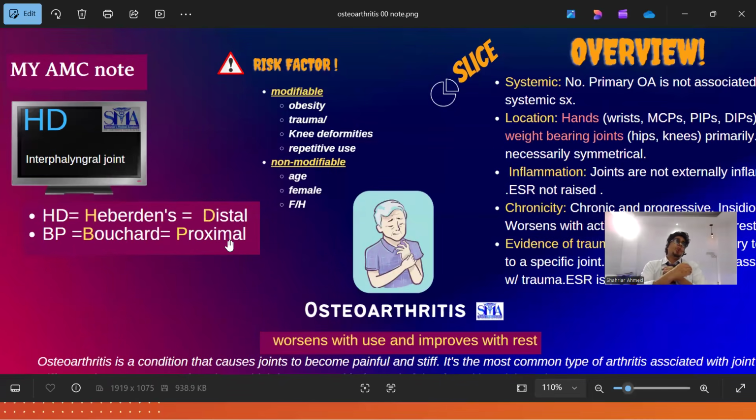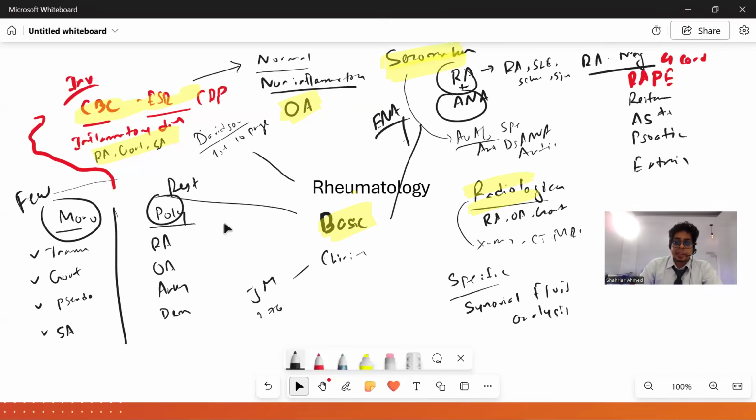Now, is there a possibility of joint deformity? This brings us to one of those basic things which I think I was supposed to tell in the basics: deformities. There are certain joint conditions where you will find deformities. What are those conditions? I can say rheumatoid arthritis: swan neck deformity, boutonniere deformity, and so on. Even osteoarthritis also has deformity: Heberden and Bouchard. Does gout have deformity?